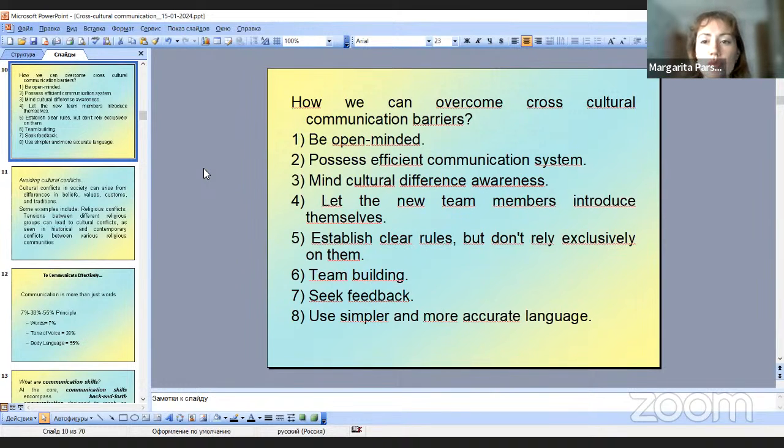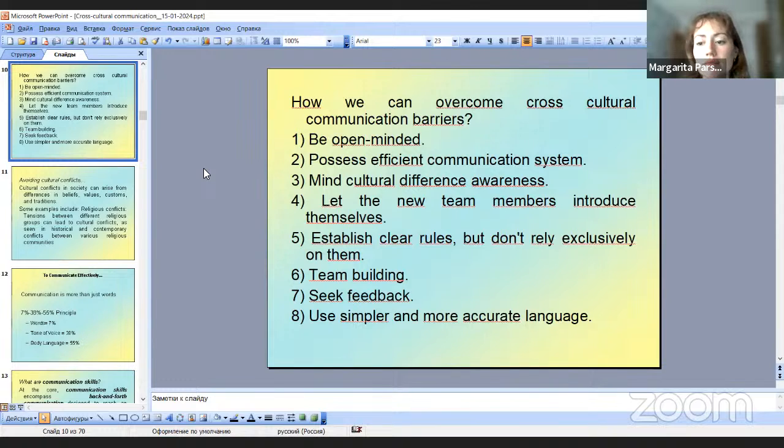So to overcome these cross-cultural communication barriers, at first, we must be open-minded to the information being perceived. Possess an efficient communication system. Of course, if you have difficulties in language, you can also try to express your thoughts to the other person in other words.